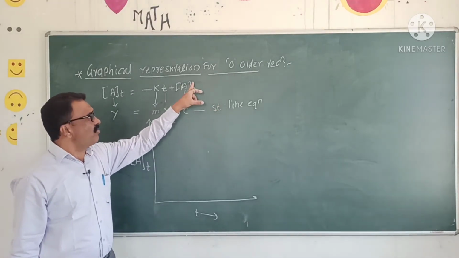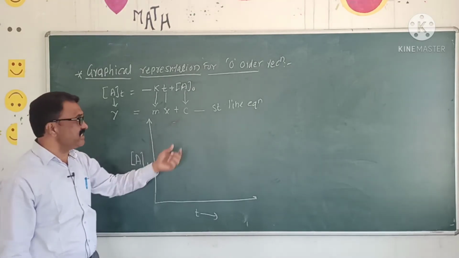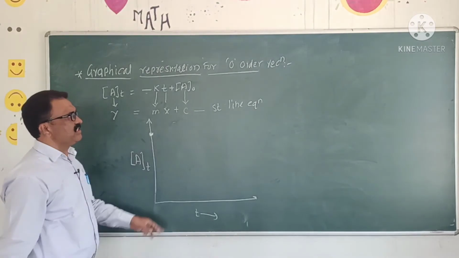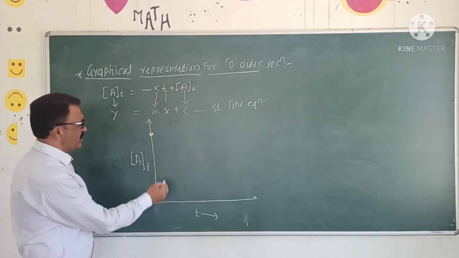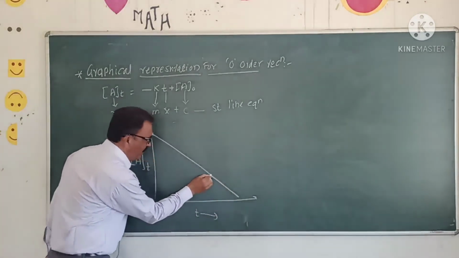Here concentration of A0 is equal to c, that is the intercept on the y-axis is equal to the concentration of A0, and a straight line graph will be obtained.